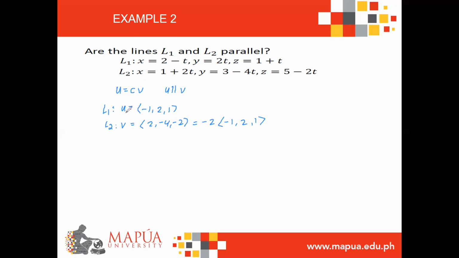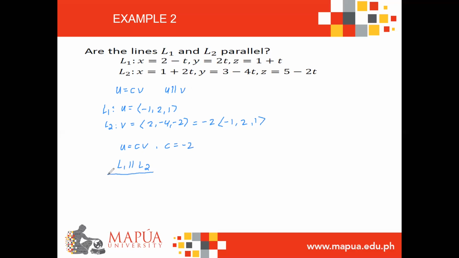So as you can see, we can say that vector u is equal to c times v, where c here is equal to -2, then we can say that line 1 is parallel to line 2. So that is how we define if two lines are parallel, using the concept of scalar multiples.